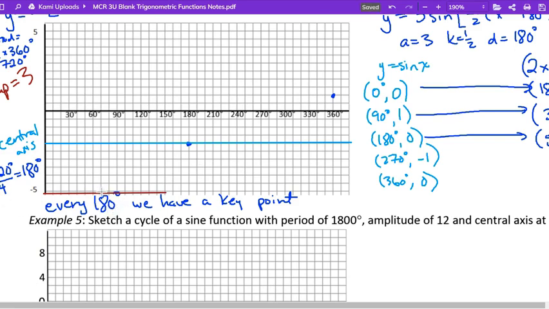So we said every 180 degrees, we get another key point. So if the last key point was at 180, where will the next key point be? Take away 180 at 0, meaning this is my next key point. That is, I'll write it here, 0 degrees, -5.